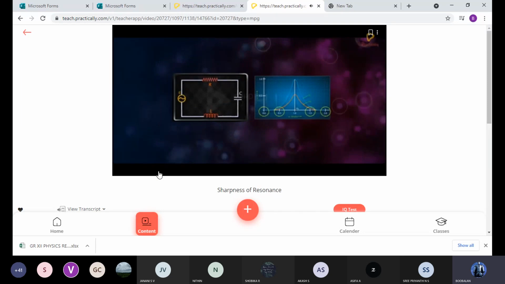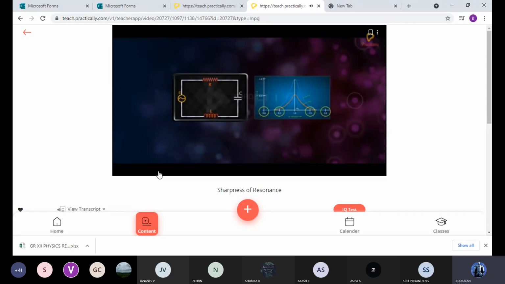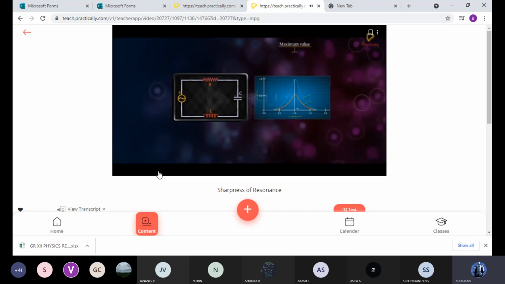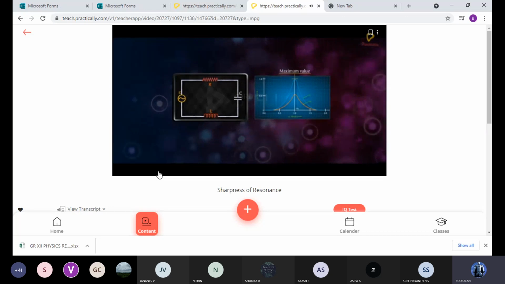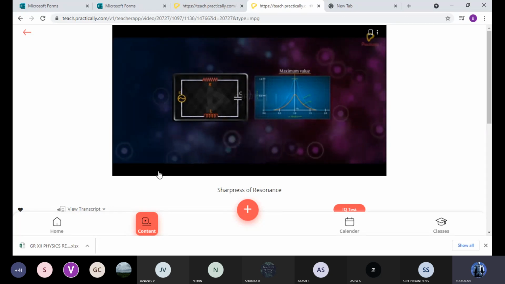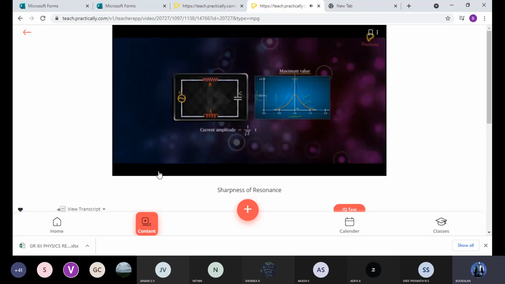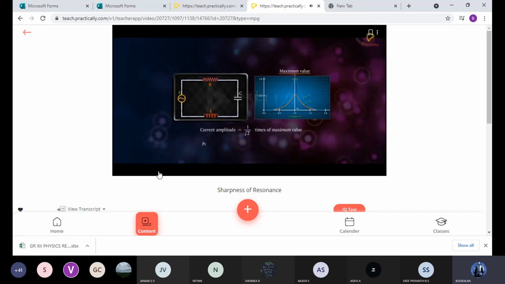For values of omega except omega naught, the current amplitude is less than the maximum value. If the current amplitude is 1 by root 2 times the maximum value, the power dissipated is 1 by 2 of the maximum.